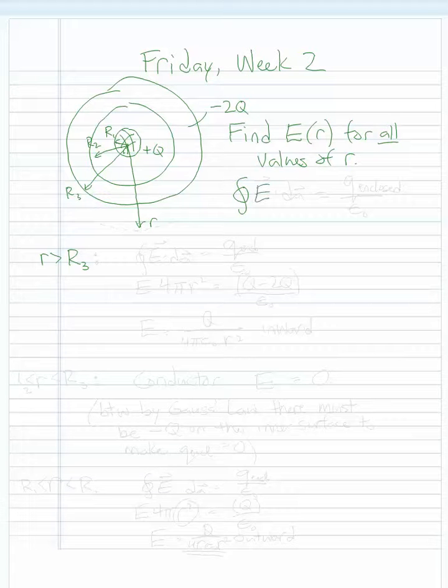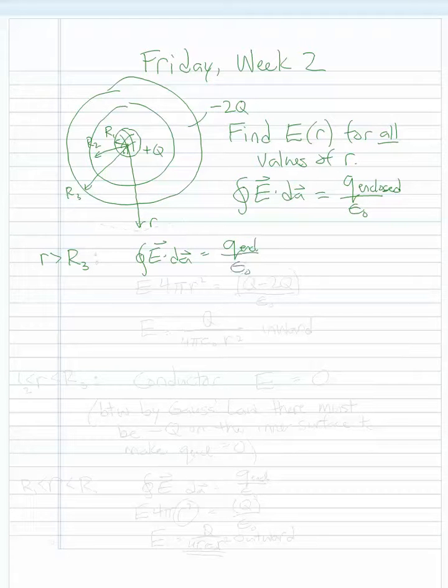The net flux of the electric field through a closed surface is equal to the charge enclosed by that surface divided by epsilon naught. Okay, so I'll write down Gauss's law again. E dot dA is Q divided by epsilon naught.